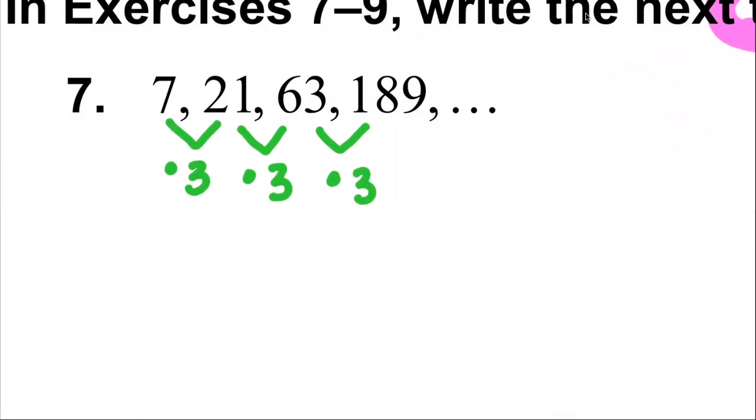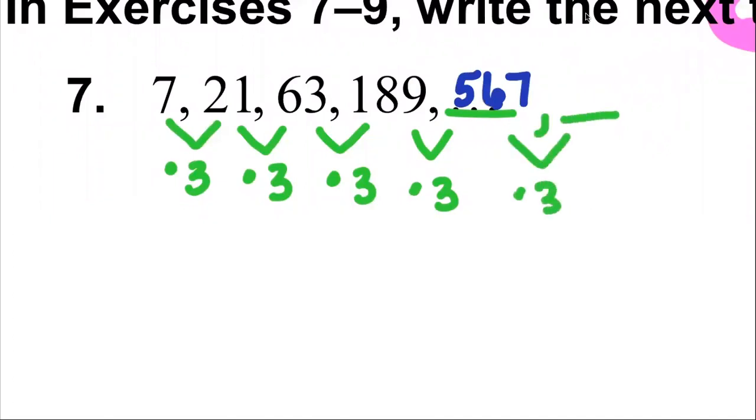Okay, so if I want to get my next 3 terms, we're going to have to continue that pattern. So my next term, we're going to have to multiply by 3. Okay, that would be 567. Our next term, we're going to have to multiply by 3.